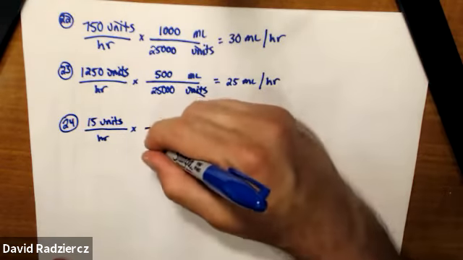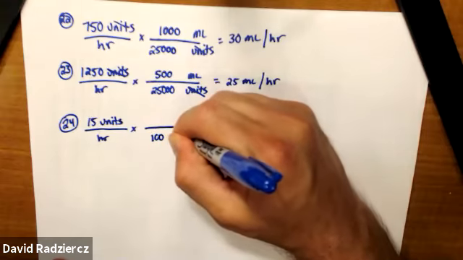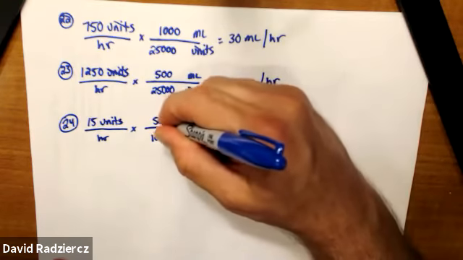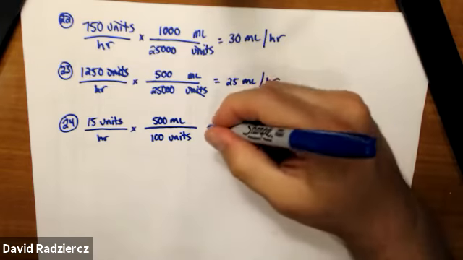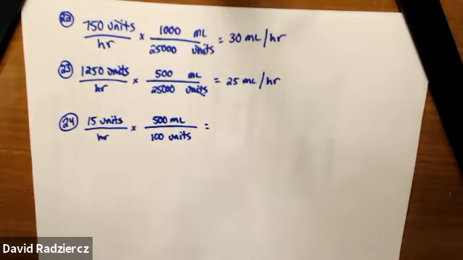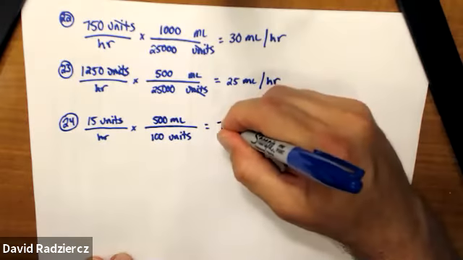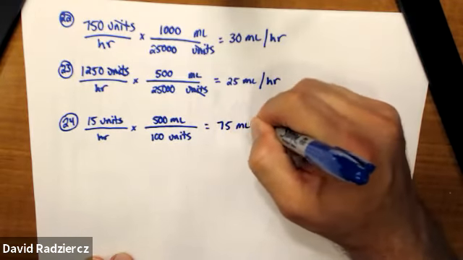We have 100 units of regular insulin in 500 milliliters of 0.9% normal saline. So 500 times 15 divided by 100. Using my calculator again, 15 times 500 divided by 100 gives me 75 mL per hour.